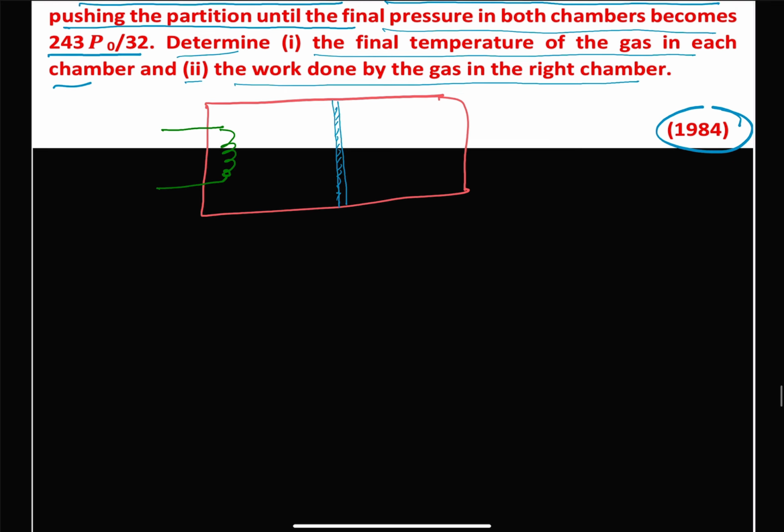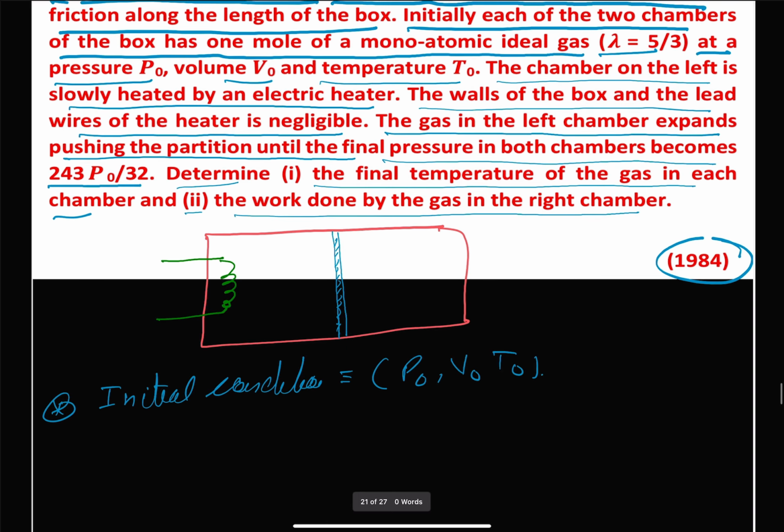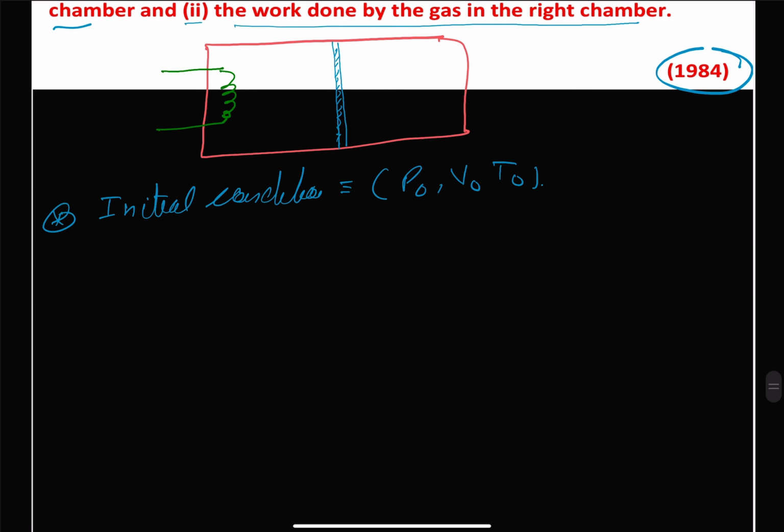So we have that initial condition, which is our P0, V0 and T0, and we are given that it is a monatomic ideal gas.